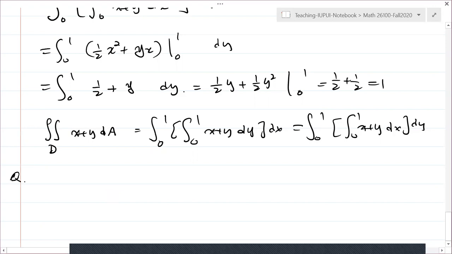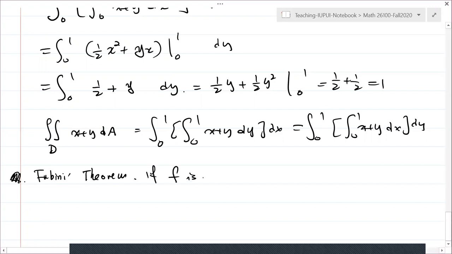Okay, so Fubini proves this theorem, which says that if the function is continuous on a rectangular domain, then the above equality always holds, okay?